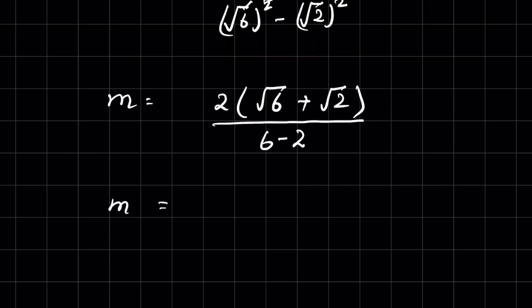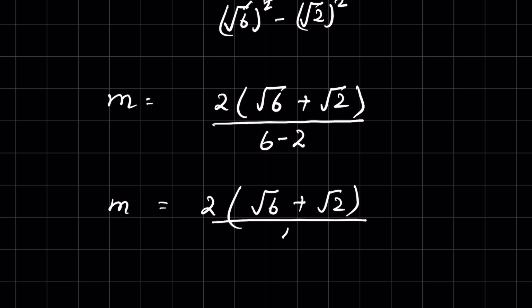Or m is equal to 2 times square root of 6 plus square root of 2 upon 6 minus 2 is 4, 2 times 2 is 4. So answer is square root of 6 plus square root of 2 upon 2.